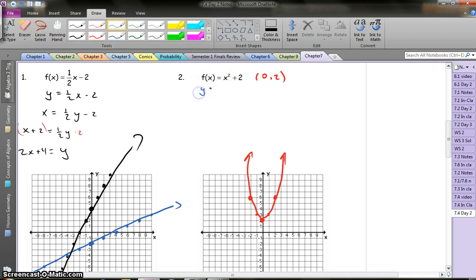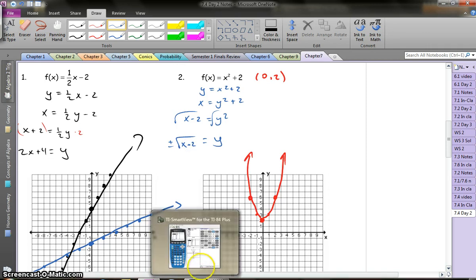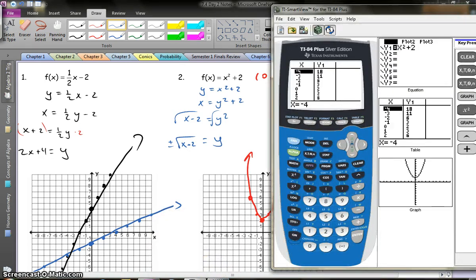Alright, so I have y equals x squared plus 2. So x equals y squared plus 2. So subtract 2. Square root both sides. So I get y equals plus or minus the square root of x minus 2. And so in my calculator, I go to my y equals, in y1 I'm going to put square root of x minus 2.